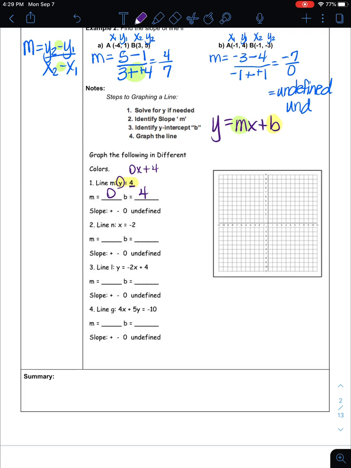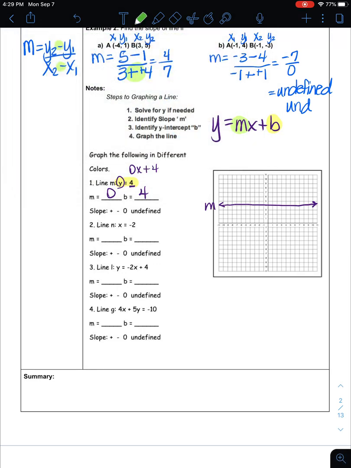So I'm going to cross the y-axis at 4. The y-axis is the vertical axis, and the only way for me to cross through it is to draw a horizontal line. So I would draw a horizontal line that passes through y at 4, and that is line M.